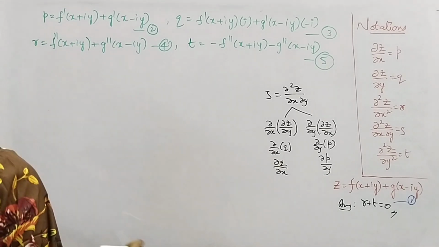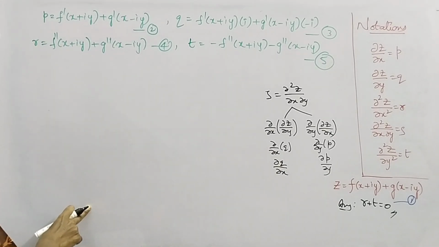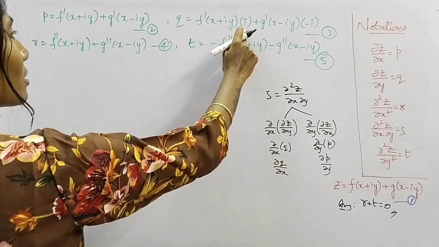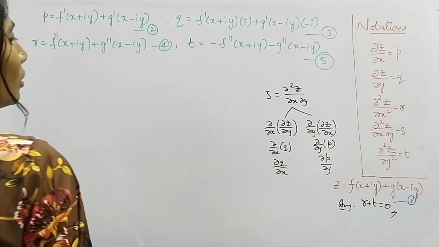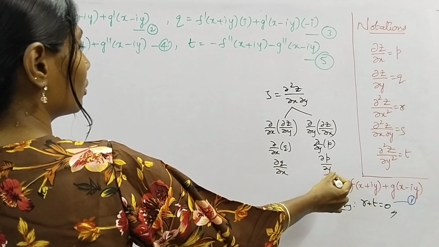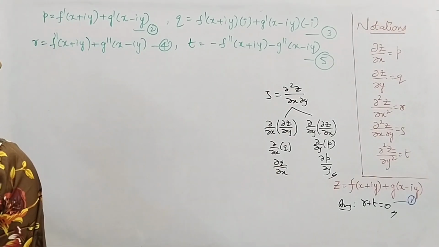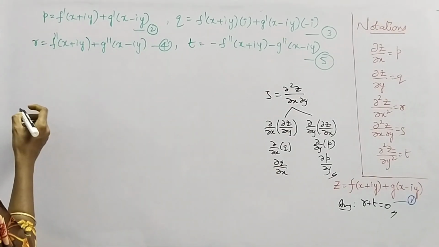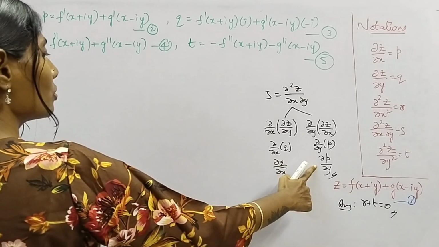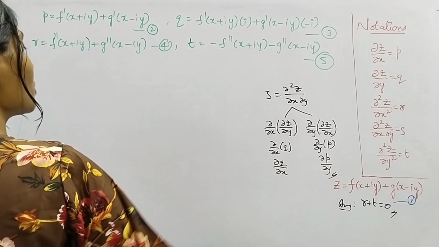Okay, I'll show you using p because it has extra i's, right? So I'll go for this, it will be much easier. You can also try this, it's not too hard. So I'll find s using the partial derivative of p with respect to y.